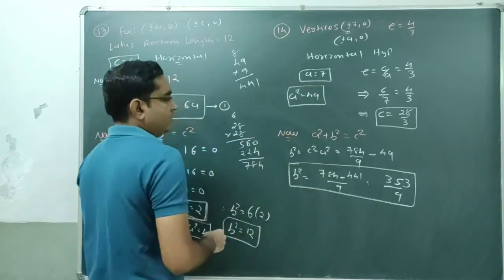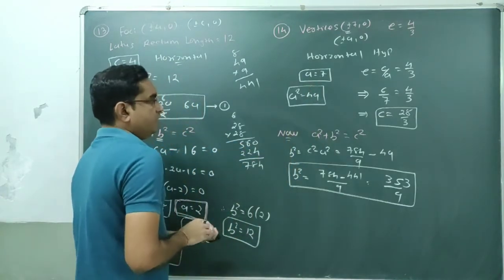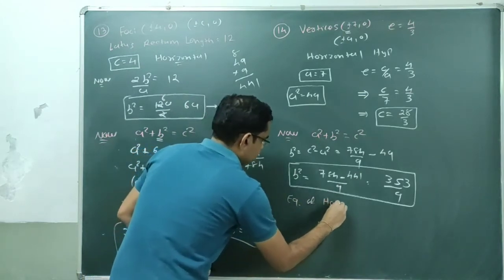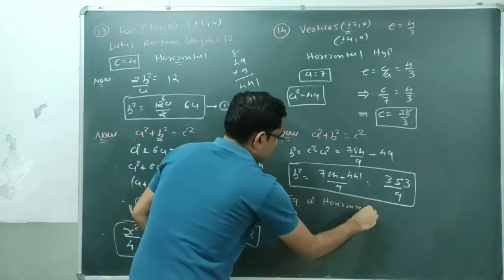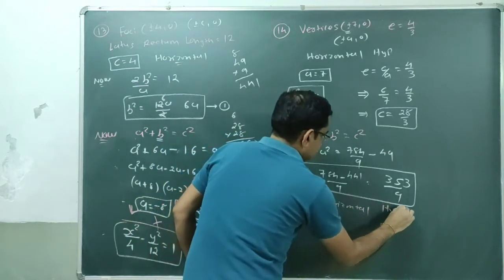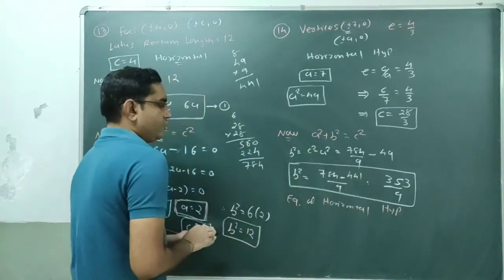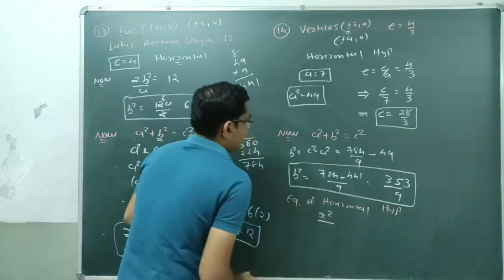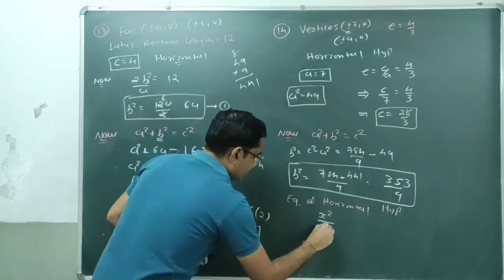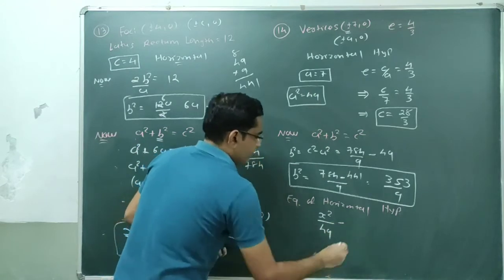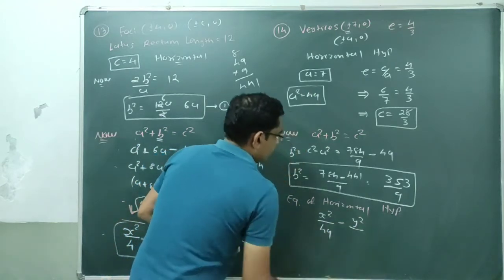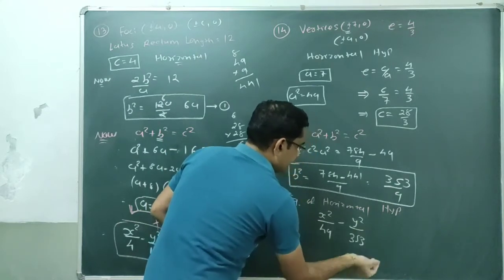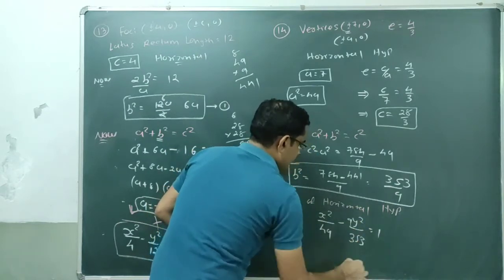So now we can write the equation of the horizontal hyperbola. Done. And therefore the equation of horizontal hyperbola क्या होगा, coefficient of x square will be positive. So it's x square by a square, x square by 49 minus y square by b square, 343, 9 ऊपर चला जाएगा, equal to 1.